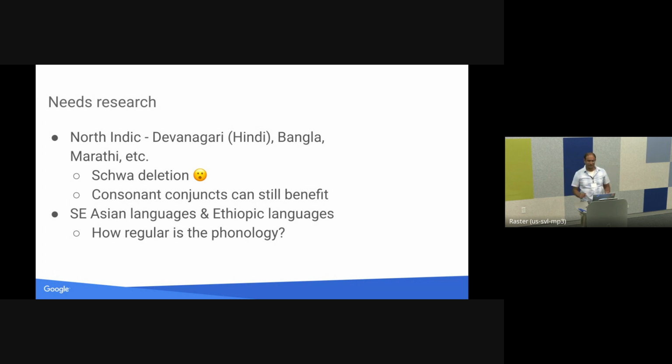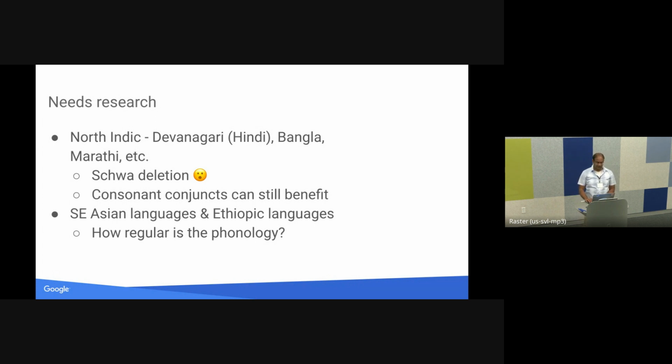It's not perfect. However, there are a lot of consonant conjuncts, and I still think there's a lot of room there, because there are a lot of problems when you encode those types of consonant conjuncts, especially as they get more complicated. You see a lot of questions about that, and users really shouldn't be typing code points, or the equivalent of code points, through their input method.